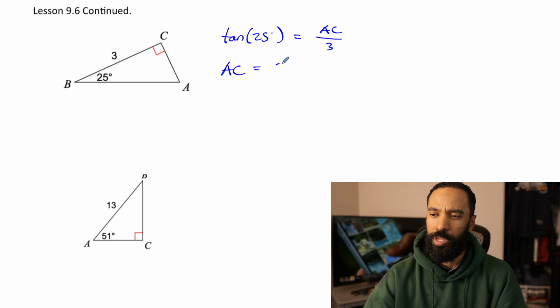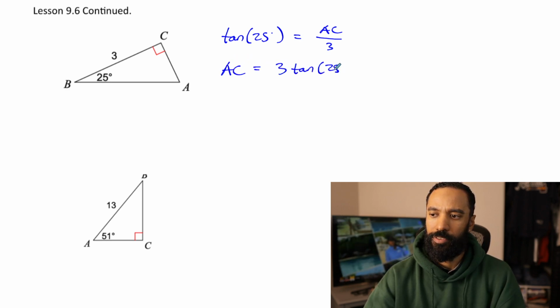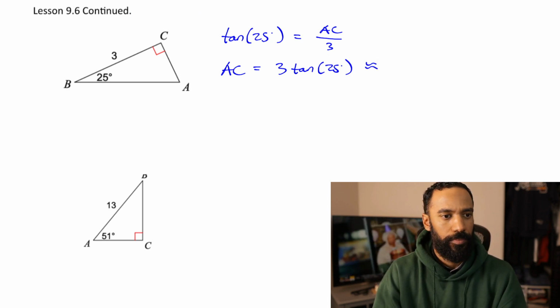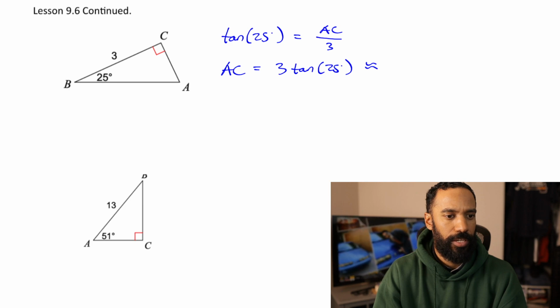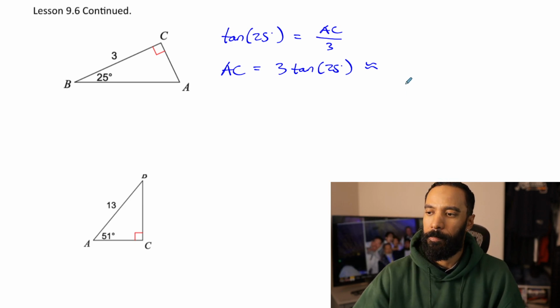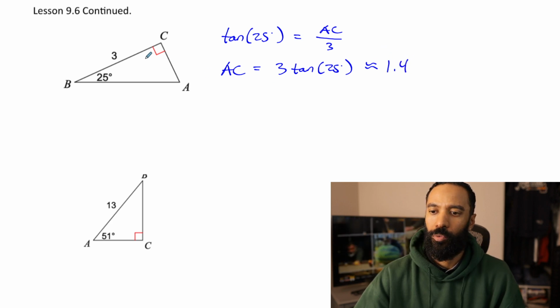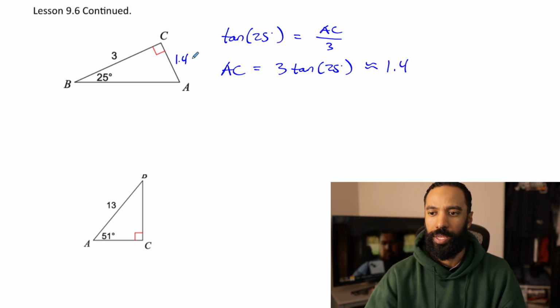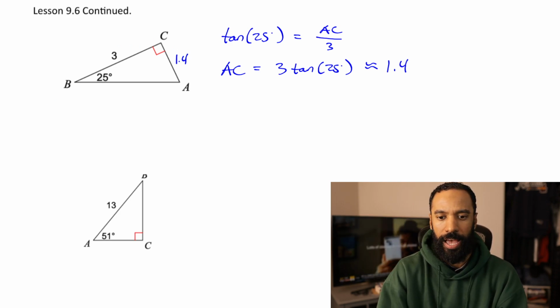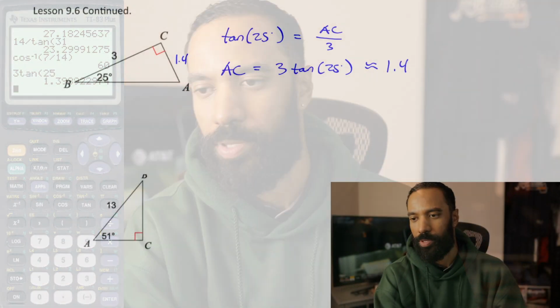So AC will be 3 times the tangent of 25 degrees, which is about 1.39, so about 1.4 units there. It should be less than 3. I'm trusting that. Don't use this in the Pythagorean theorem to solve unless you use the exact answer that I have right there. So let's just go straight to what we did have.